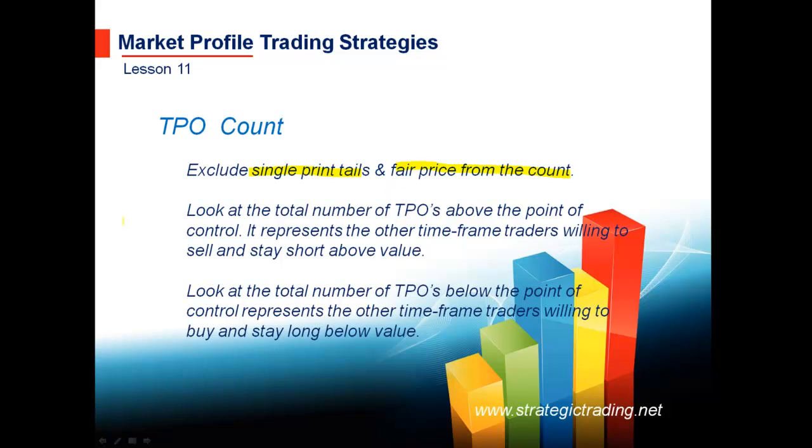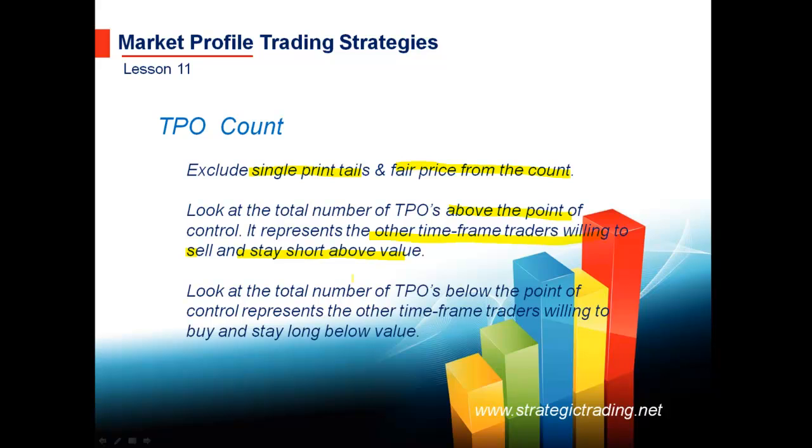So we look at above the point of control, and basically the TPO above the point of control tells us the other time frame traders' willingness to sell and stay short above value. How willing are they to sell and stay short above value? So as this number increases, the other time frame trader is committed to the selling.